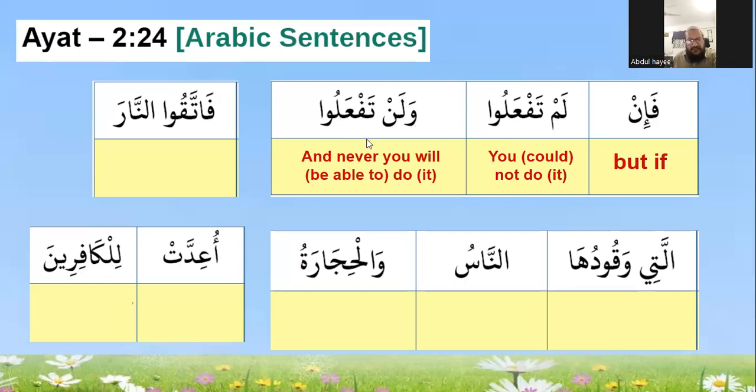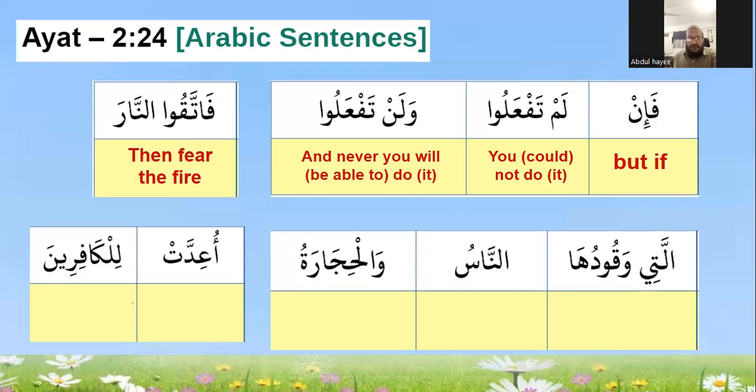Here the lan has taken the translation into the future. Fattaqullah, so ittaku, be afraid of, so fear the fire. Allati. Yes, what is the meaning of allati? We have studied already.